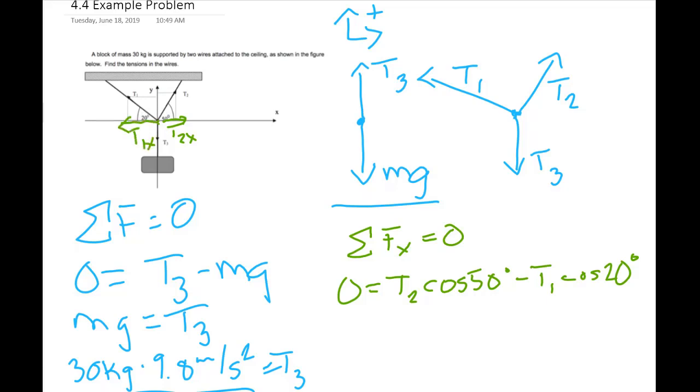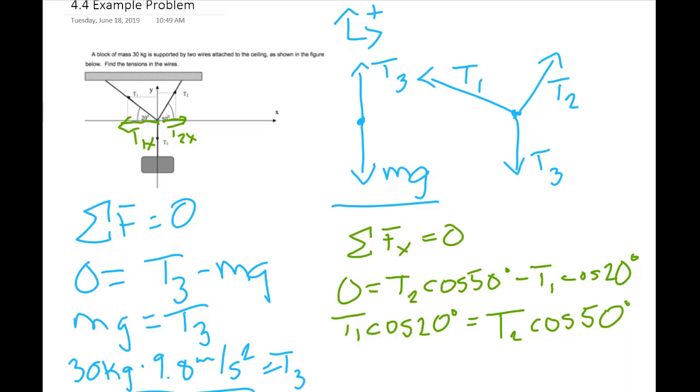Okay, so then I can just add T1 cosine of 20 to both sides. That's going to equal T2 cosine of 50. So they have to be equal and opposite in order for the system not to move to the right or to the left.